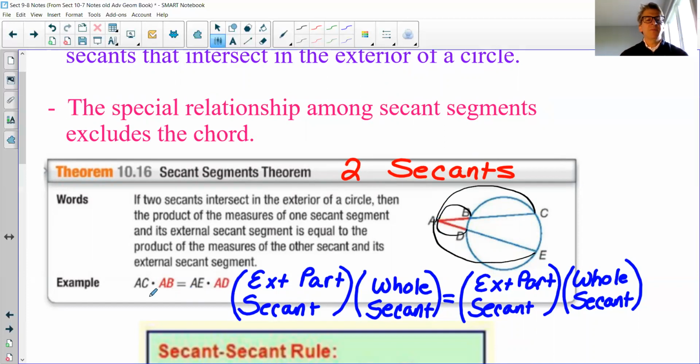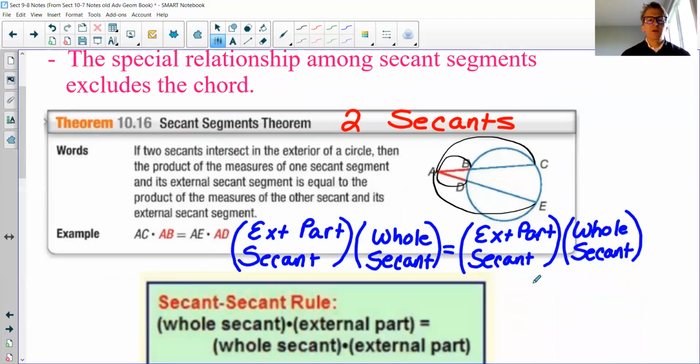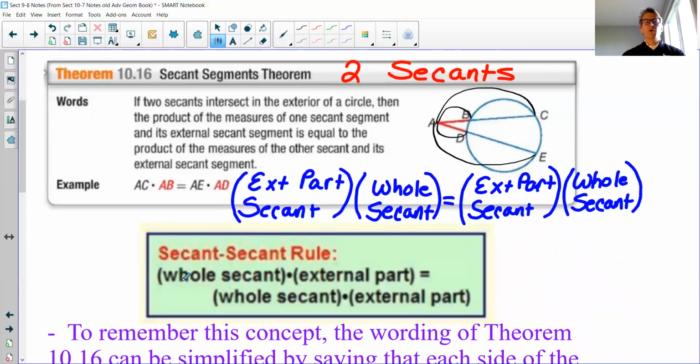And you can see the example here, AC times AB. AC is the entire piece, or the whole secant piece, times AB, the small piece on the exterior part, is equal to the exterior part AD times the whole secant part AE. Okay, so here's the rule: whole times external is equal to whole times external.